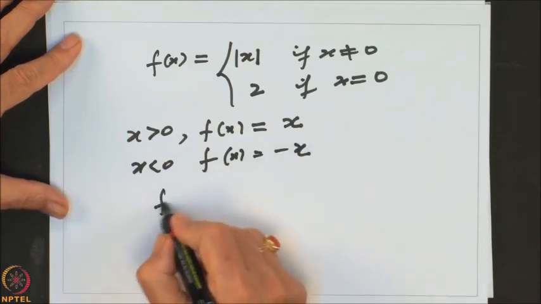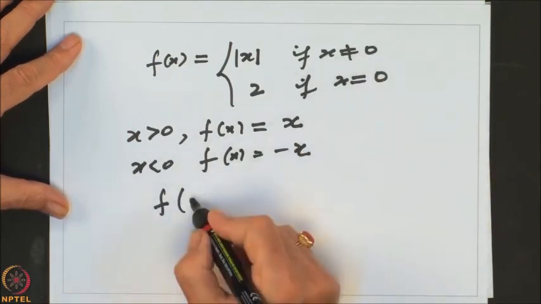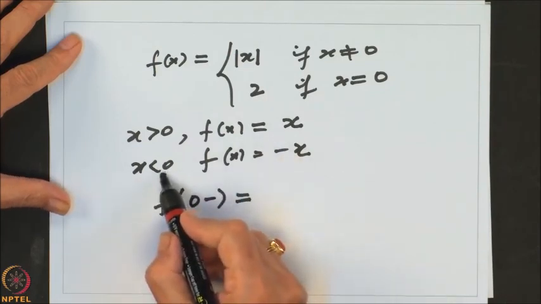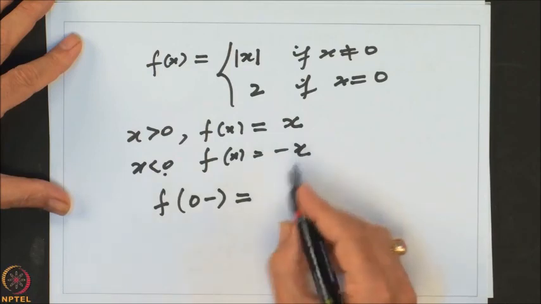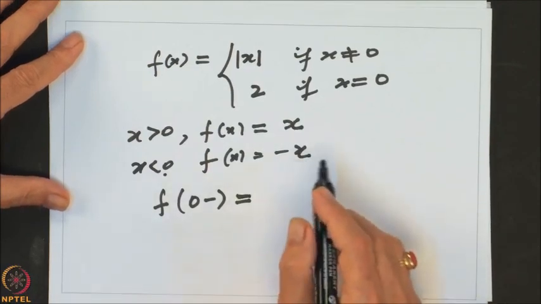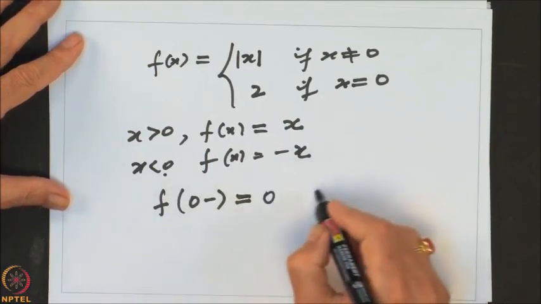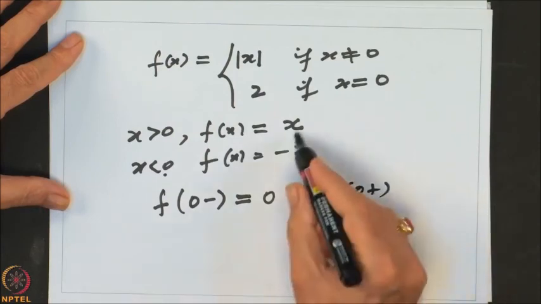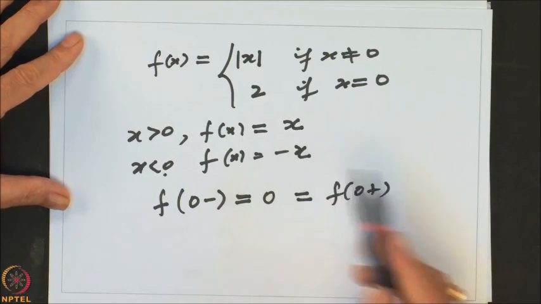So, what is the left limit at 0? When we approach the point 0 from the left, that will be equal to 0, and that is also equal to f(0 plus). Whether you approach from the left or right, the value will be 0.